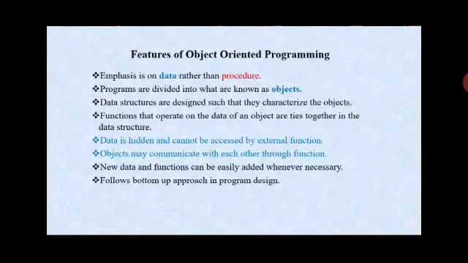Functions which operate on the data of an object are tied together in the data structure. Data is hidden and cannot be accessed by external function. For example, the objects may communicate with each other through function only.